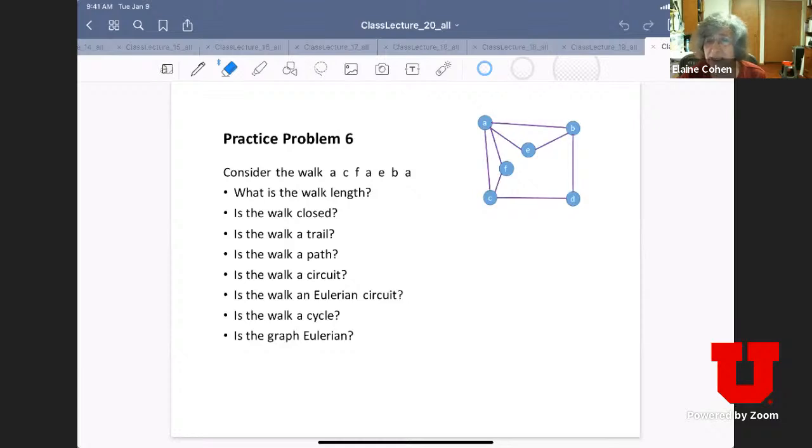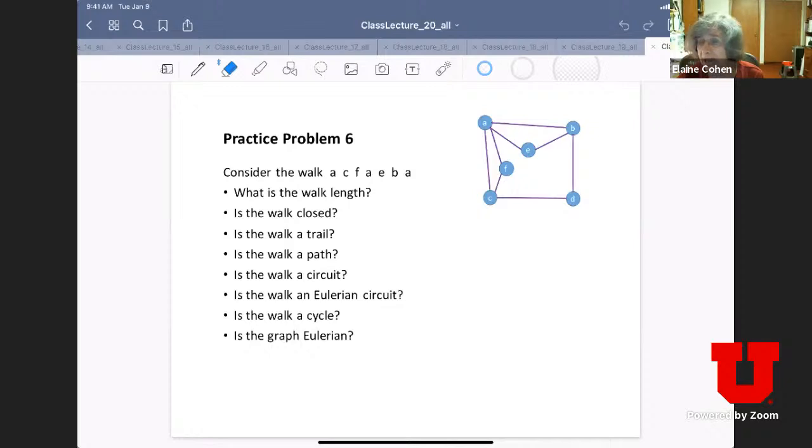That's exactly right. It's 6. Is the walk closed? Do we start with A and end at A? Yes, it's closed. Is the walk a trail? Yes, we have only traversed the edges that are in there one time.